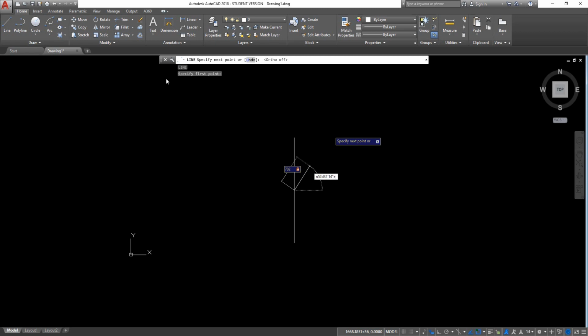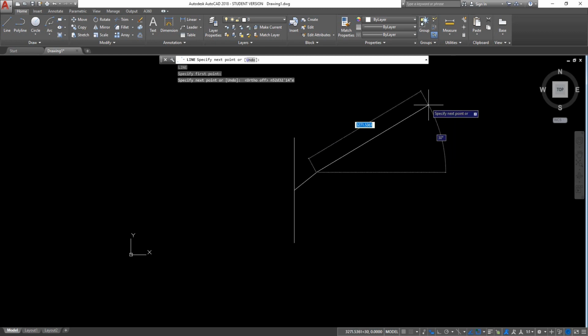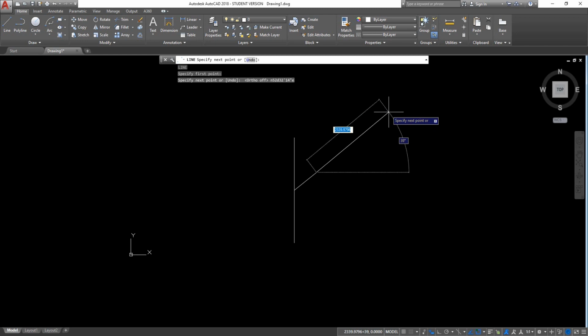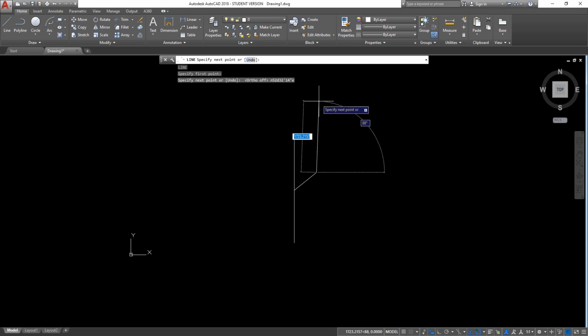In this case, as I am doing a line in the first quadrant, it will be east. The north will be determined by the cursor position. If you leave the cursor above the first point of this segment, the north will be taken as 90 degrees positive here.